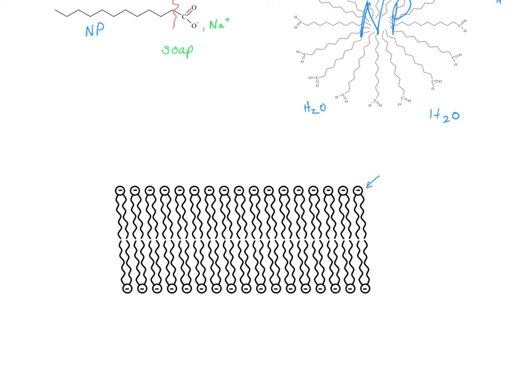Amphipathic membrane molecules have a polar head, charged, and then two nonpolar tails. So if we put these molecules in water, the two nonpolar tails come together through the hydrophobic effect, and the polar heads interact with water.